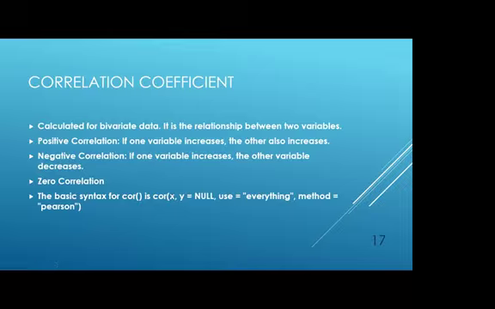That is why y can be empty, but if it is not empty, you do not give null. Use everything means that if some data is missing, even that missing data will be used. If you do not say use everything, there are some other options, and then missing data will be ignored. Say for example, the age information is there but the height information is missing. When calculating the correlation coefficient, it will still use that missing value, because it uses everything.